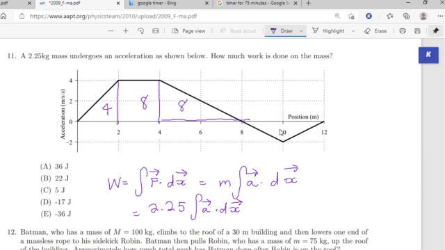And then this area here, sorry about that, the height is 2, well, technically -2. The base is 4. 4 times -2 over 2 is -4. So we have 16. Huh. That is not a choice.